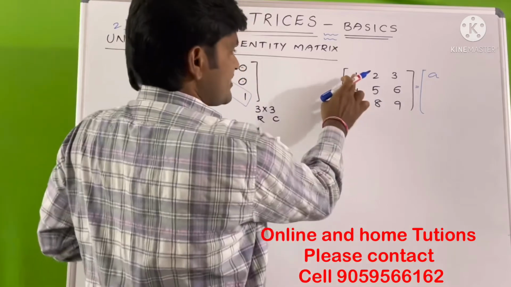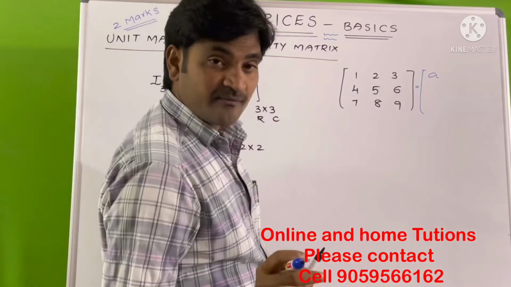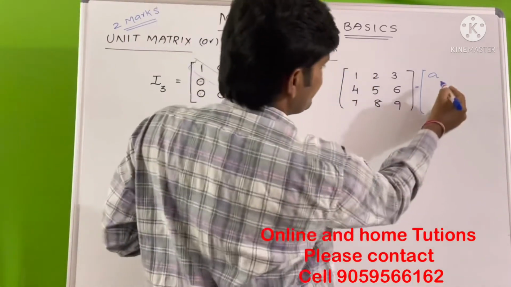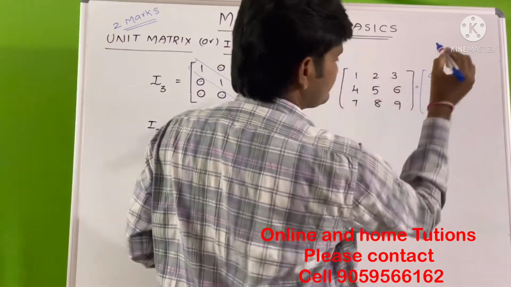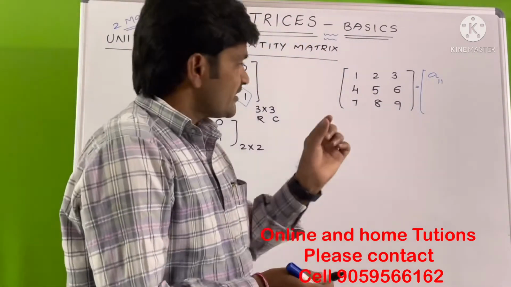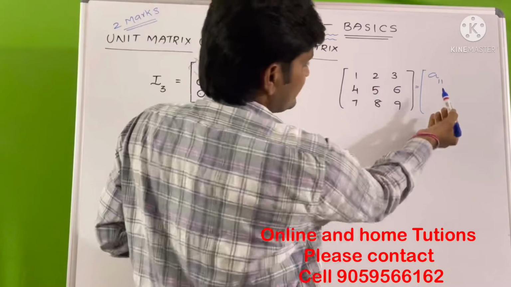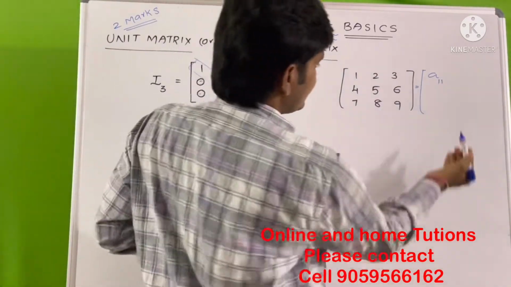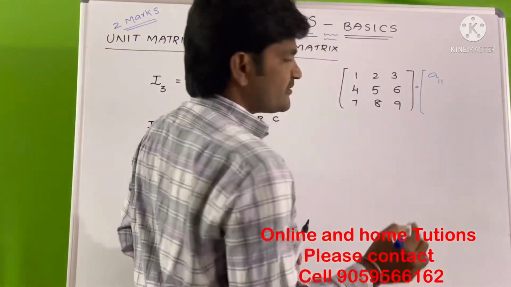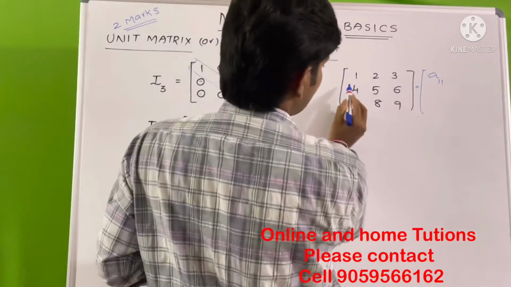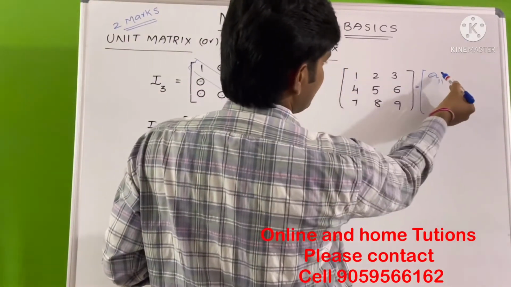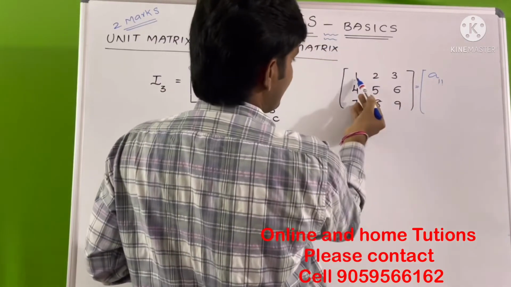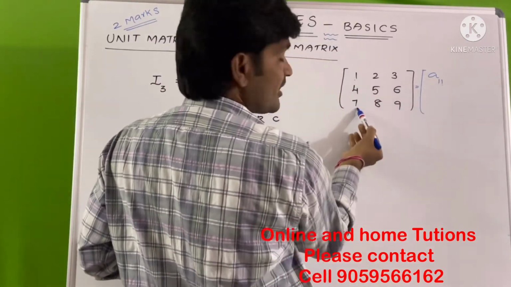So this is the first element. The first element we write as A11. A11 means the first index represents the first row, and the second index represents the first column. That means this is one symbol A11. So 1 is in the first row, first column.